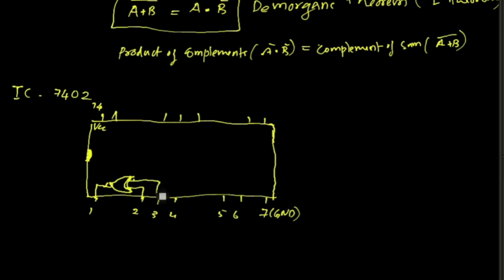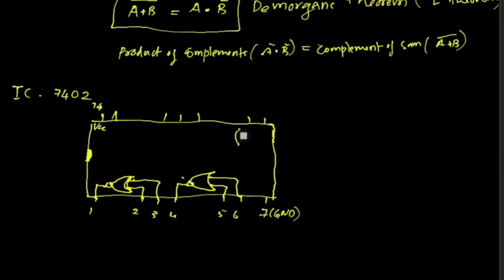One is the output of the first gate and 2 and 3 are the inputs of the first gate. Then for the second gate, pin numbers 5 and 6 are the inputs and 4 is the output.